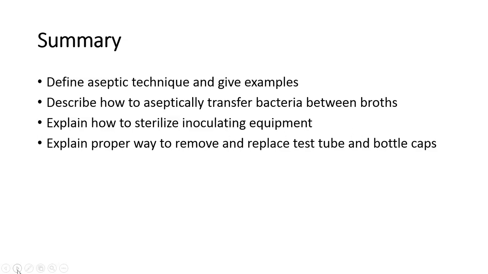We also said that another way that we observe aseptic technique is to hold the caps to our tubes and bottles using our ring and pinky finger of the same hand that we're holding the inoculating loop. This way we don't have to put those caps onto the tabletop where they might pick up more microorganisms.